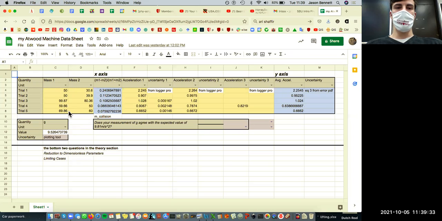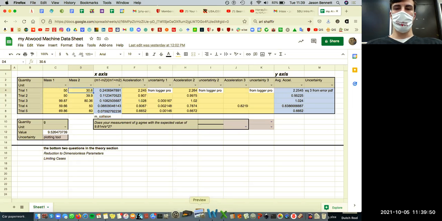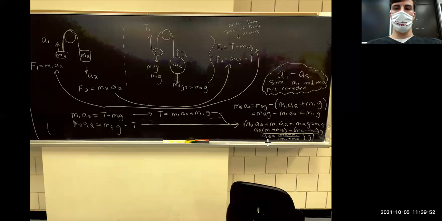These are independent quantities because nothing is going to change the fact that the weights we're using are 50 and 30. But what does change is the acceleration due to those things. So depending on what the mass is, the acceleration is different. And so this is our dependent quantity. This is our independent quantity.